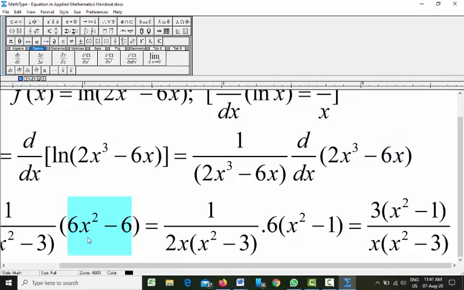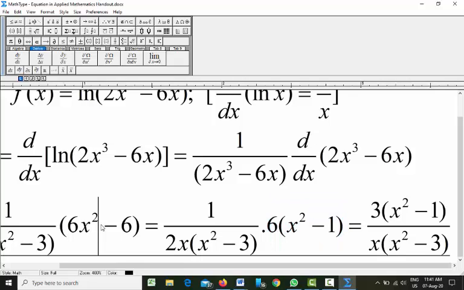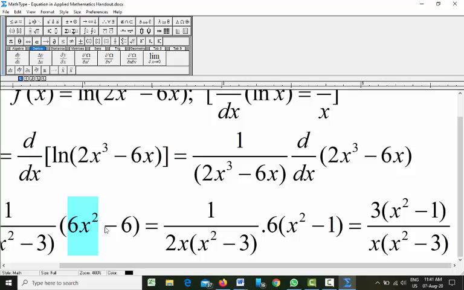So here we can take 6 common. If you take 6 common, we will have 6 multiplied by x square minus 1. If you take 6 common from here, we will have only x square, and from here minus 1.